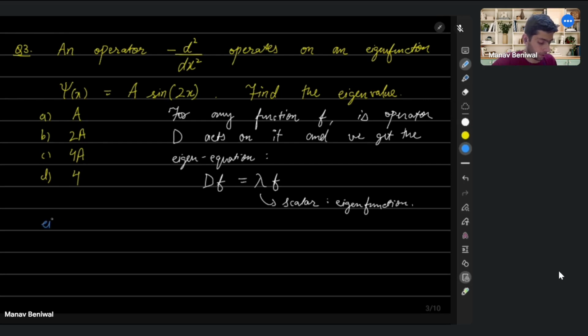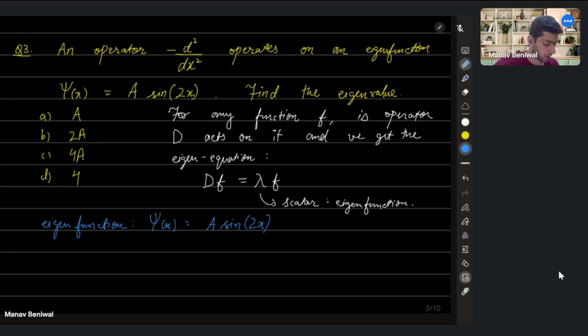Okay, so in this example, our eigenfunction is given to be psi and it is a sine function. When our operator D, which is a double differential operator, operates on psi, we are expecting that we will again get back a sine function multiplied by some scalar, and the question asks us to find the value of that scalar.